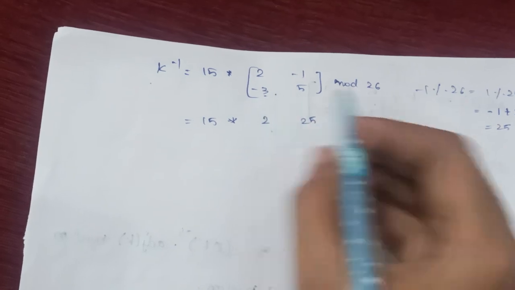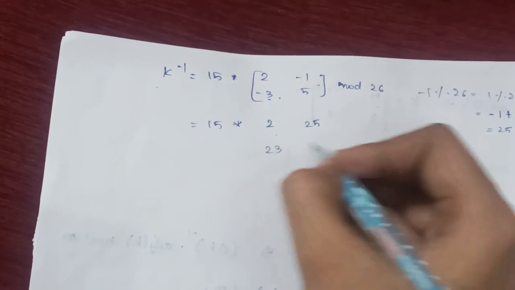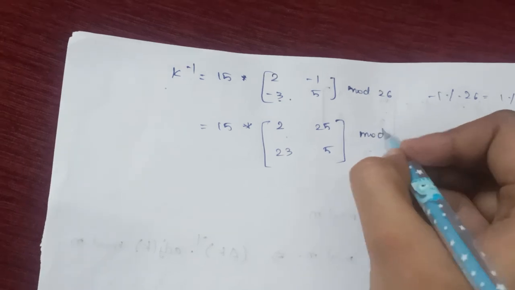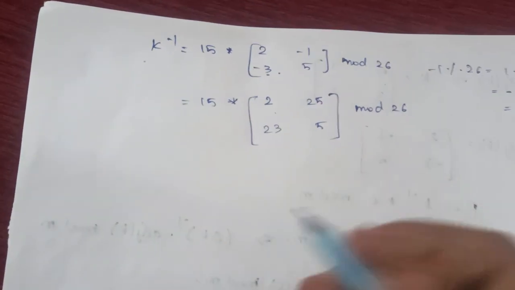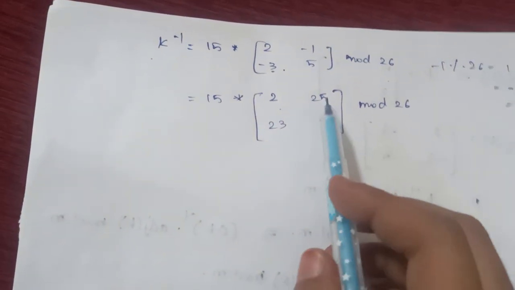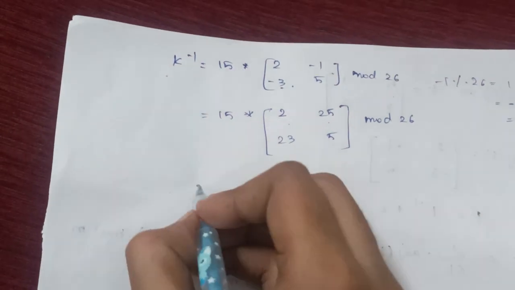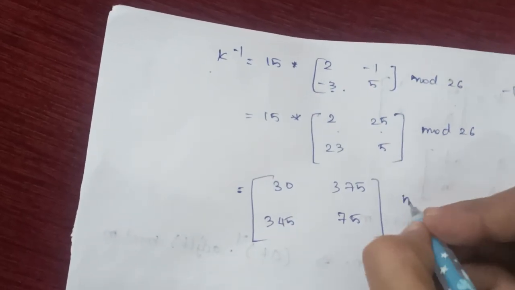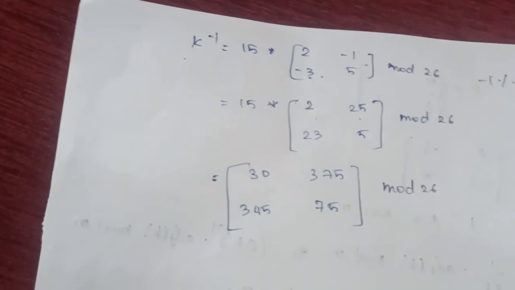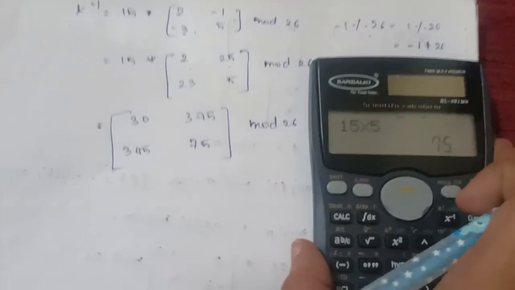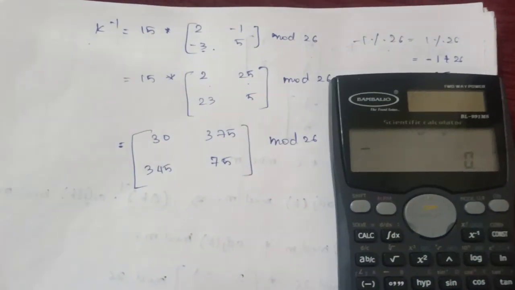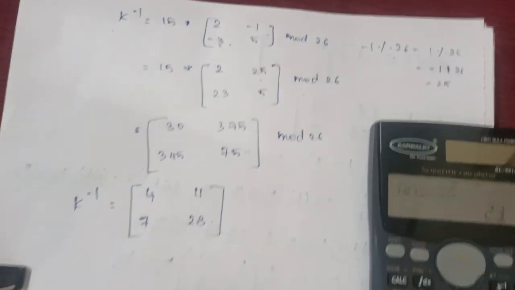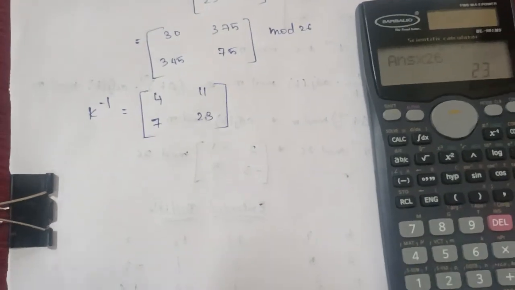The same way minus 3 mod 26 will become 23, and this is 5. Again we need to reduce it with mod 26, but it's not necessary since the values are less than 26. Now I'll be performing the simple multiplication and mod 26. Okay, now let us just reduce it. This is the K inverse. We have just found K inverse.